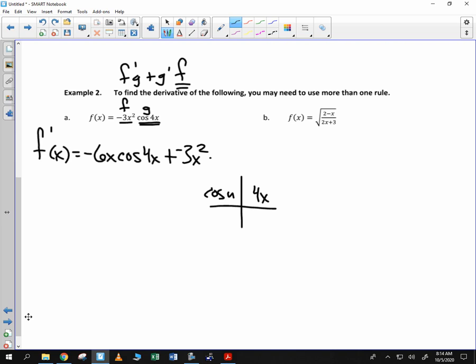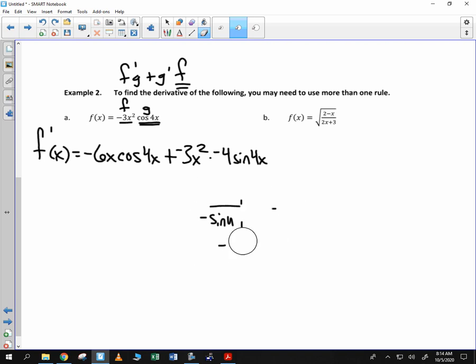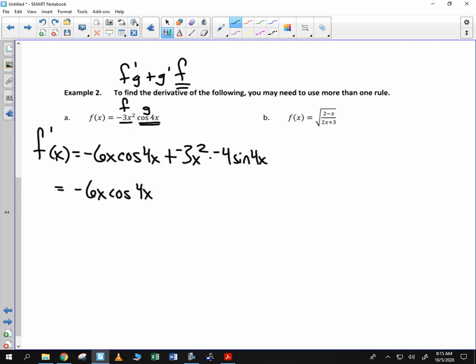The derivative of cosine is negative sine of u. Derivative of 4x is 4. Negative 4 sine of 4x. So I multiply negative 4 sine of 4x. You can see here I have negative 6x cosine of 4x. Then I have plus 12x squared sine of 4x.